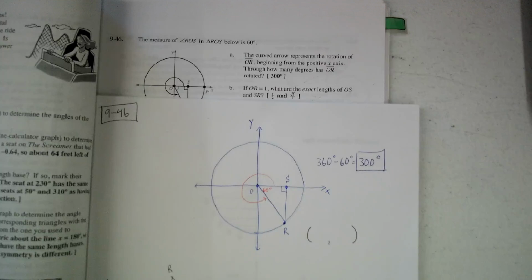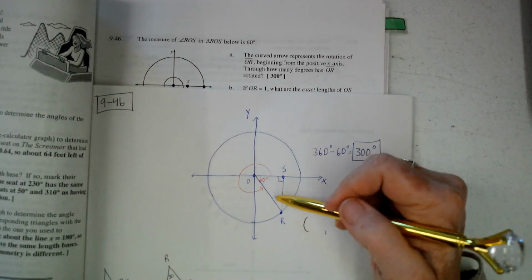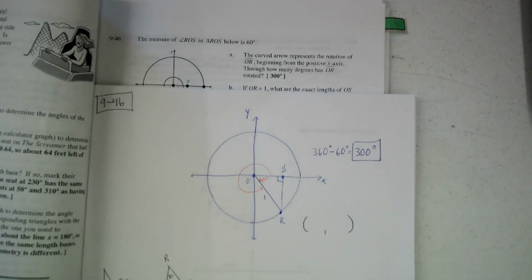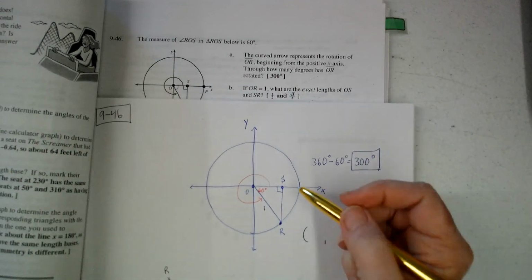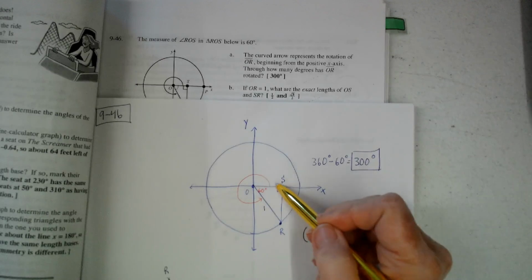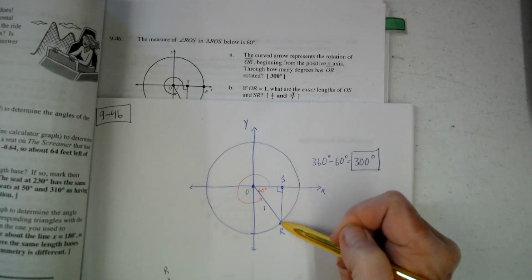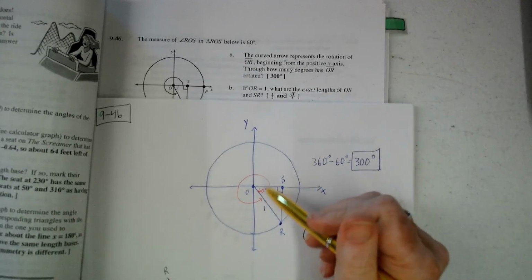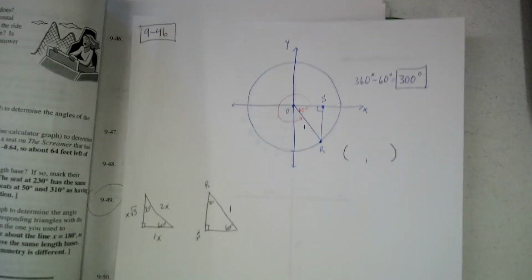Letter B says if OR equals 1, so this radius OR equals 1, what are the exact lengths of OS and SR? Well, my picture's not drawn to scale, but I am going to use similar triangles to find the exact lengths.